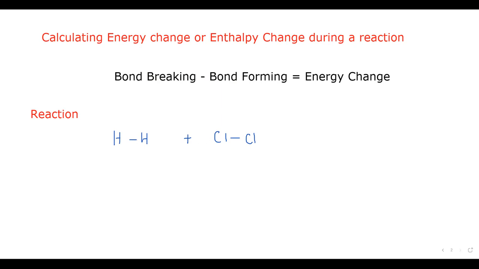So a hydrogen molecule reacts with a chlorine molecule, and as a result, what is formed? It forms two molecules of HCl. This is one molecule of HCl and there is another molecule of HCl. This is the reactant side and the right hand side is the product side.